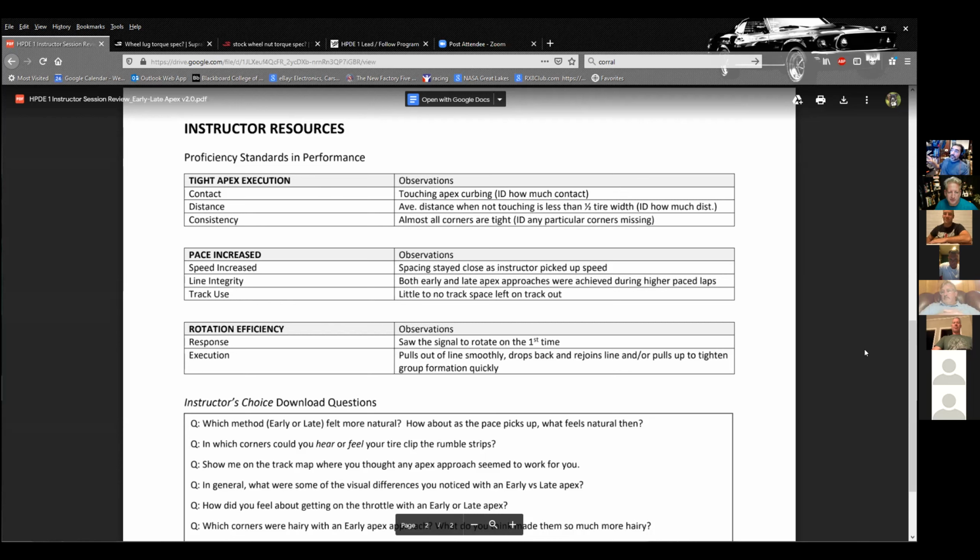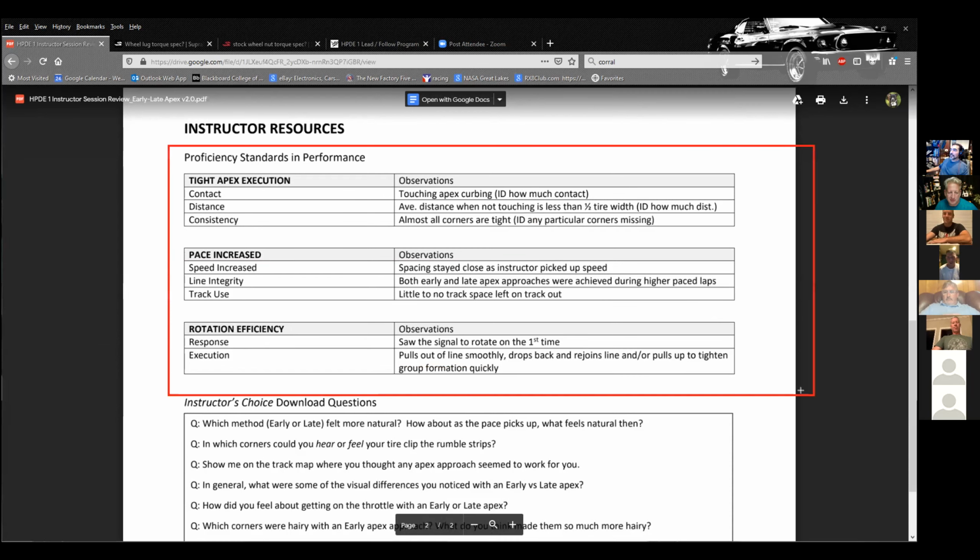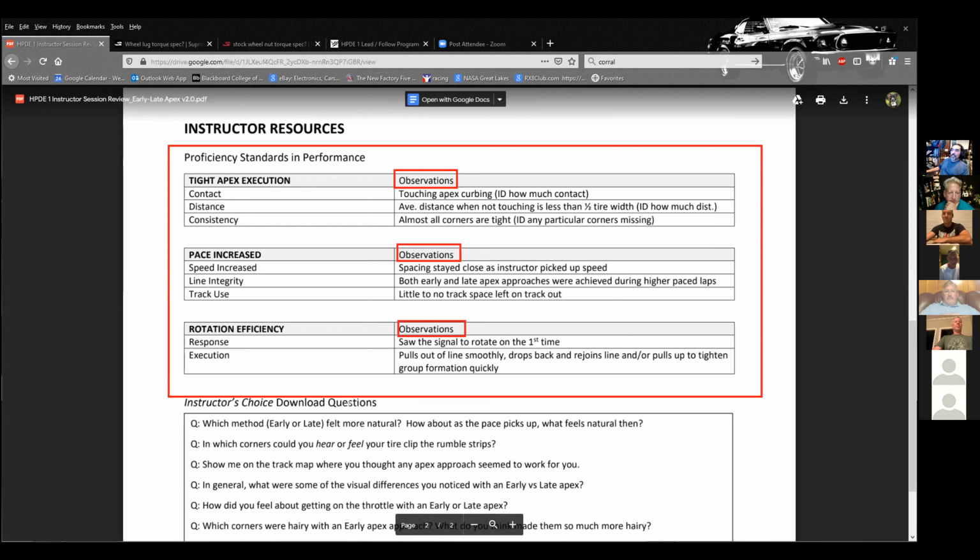In the mirror, you're going to see your driver do stuff, and if you're wondering what the heck you're supposed to be looking for, that's this stuff here. It's observation, observation, observation. We're giving you a heads up on the things you should be looking for in the mirror.